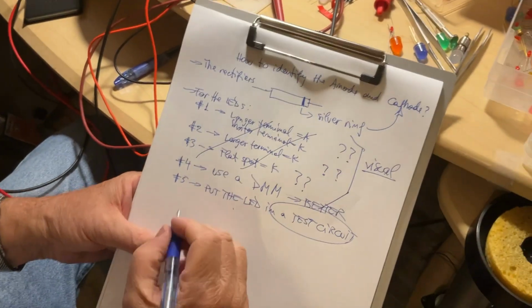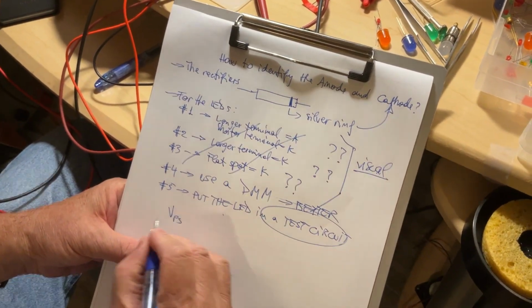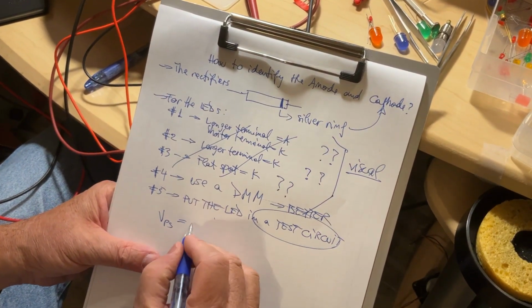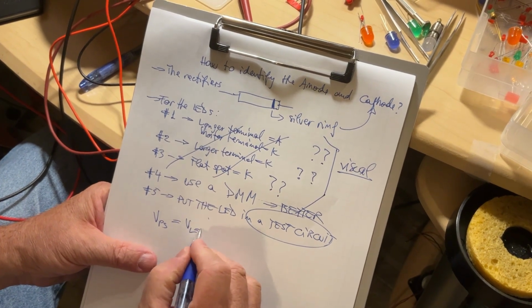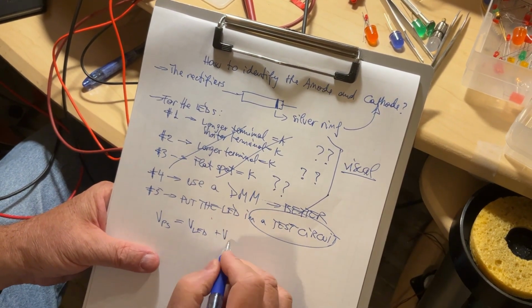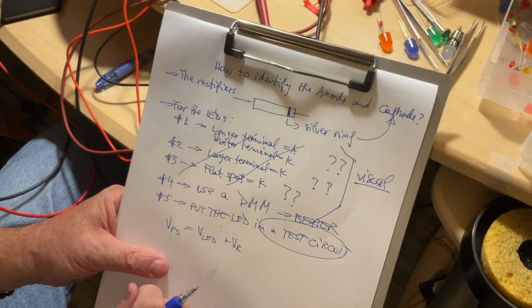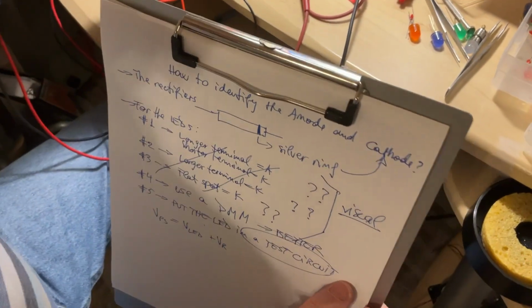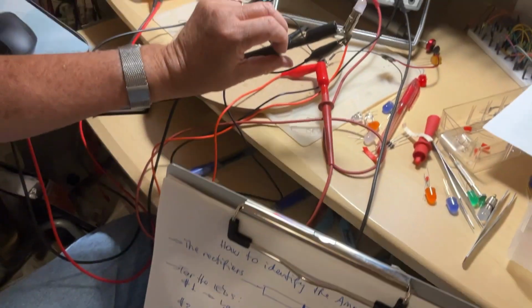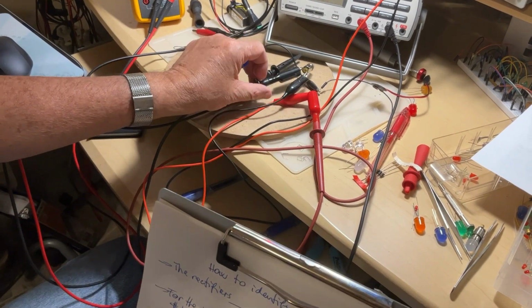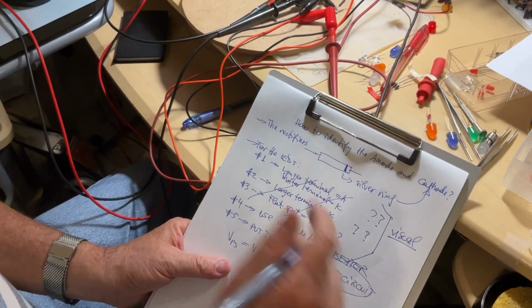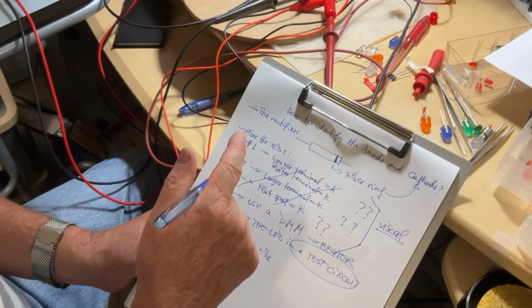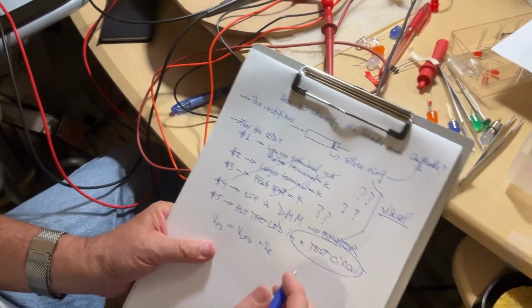From the power supply, remember, the power supply voltage equals the voltage across the LED plus the voltage across the resistor. So guess what? Inside the socket, this is a bayonet socket, they have a resistor inside. Because otherwise, in the absence of that resistor, the diode is going to burn out.